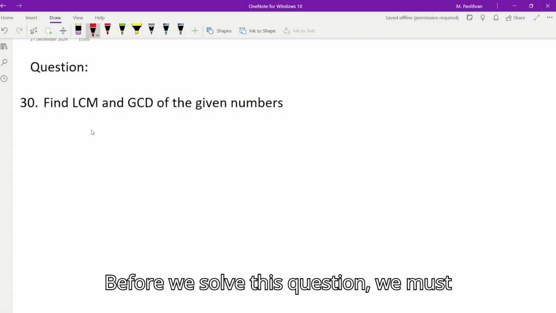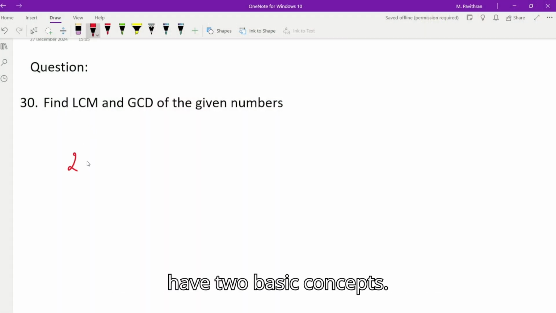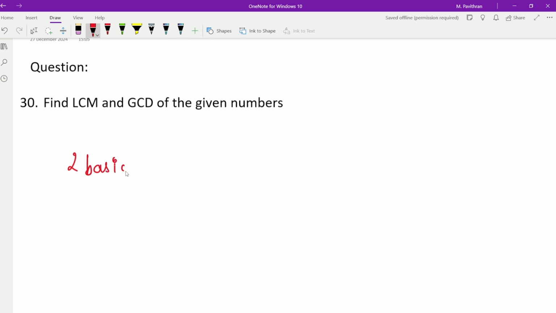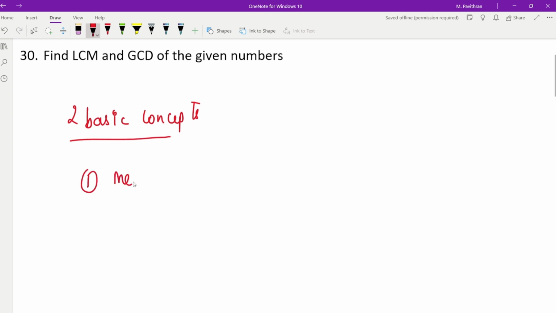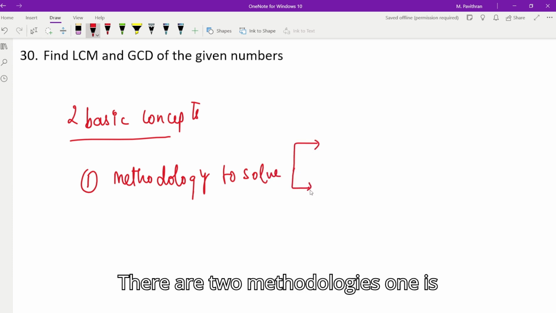Before we solve this question, we must have two basic concepts. That is, first would be the methodology to solve the problem. There are two methodologies.